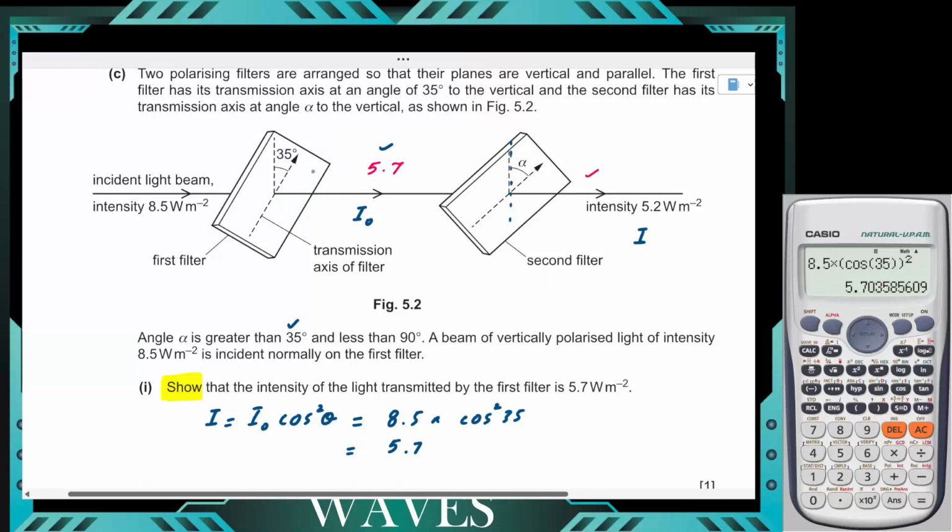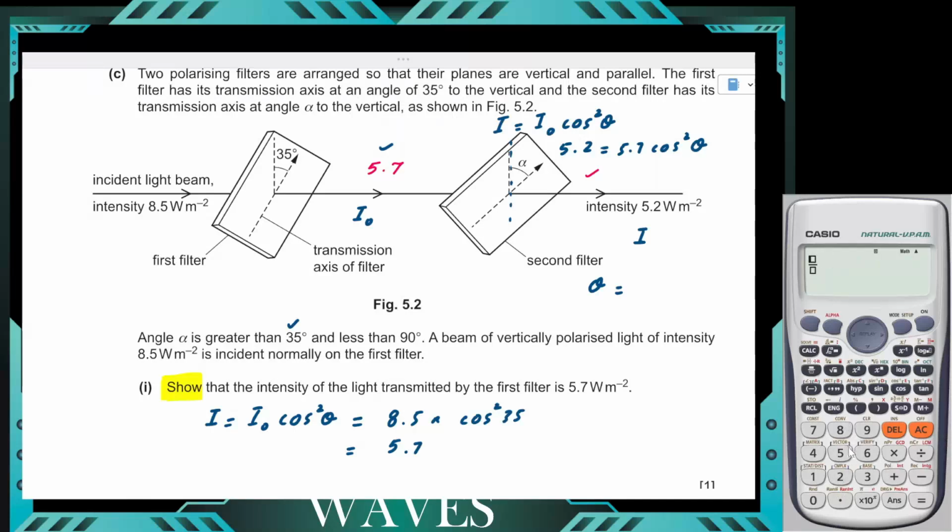So without doing anything, let us write down the formula. I equals I naught times cos square theta. Now I is given as 5.2, I naught, the original in this case, is 5.7, times cos square theta, and let's find the value of theta directly. For this I'll just need to divide 5.2 by 5.7, let's do it in fraction.